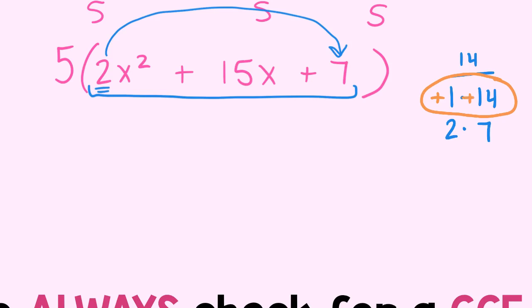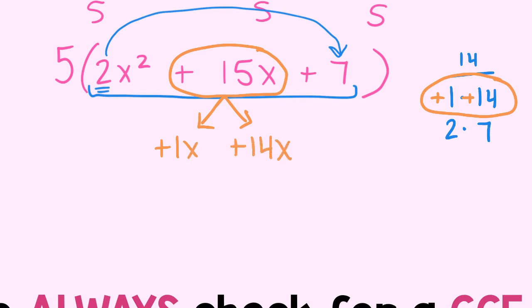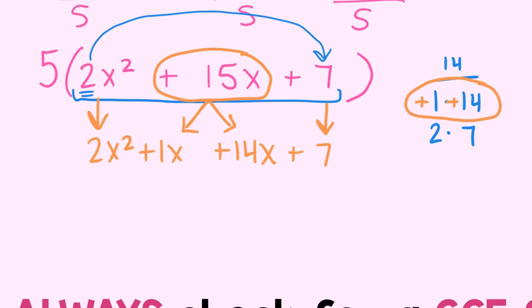So then what we did was we split up this middle term. So we rewrote it, and instead of 15x, we're going to rewrite it as positive 1x and positive 14x. And then we just brought down the 7 and the 2x squared. And the next thing that we did was we factored this 4-term polynomial by grouping.